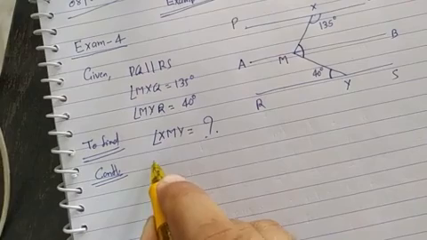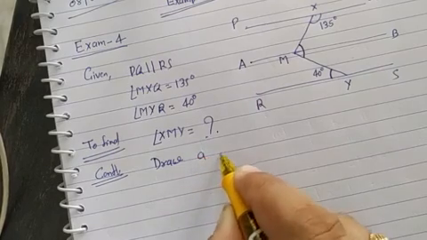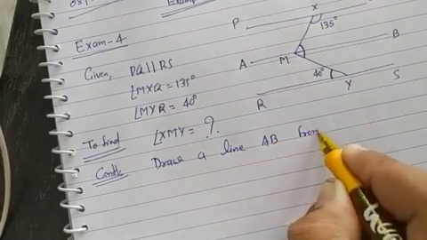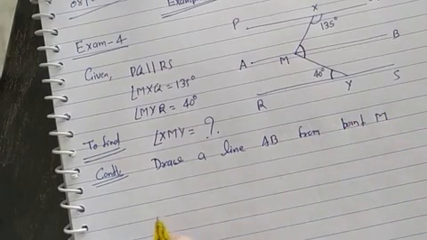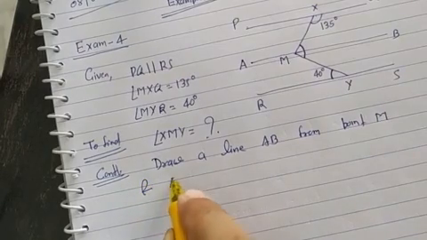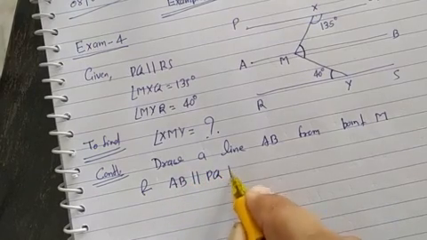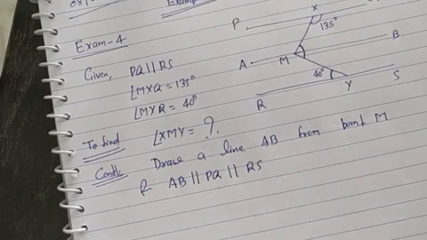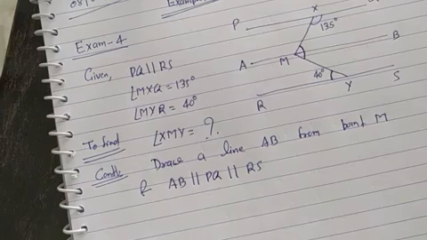Draw a line AB from point M, and this AB is parallel to PQ and parallel to RS, parallel to both. Okay, because PQ is already parallel to RS, and if AB is parallel to PQ, then it is understood that AB is parallel to RS also.